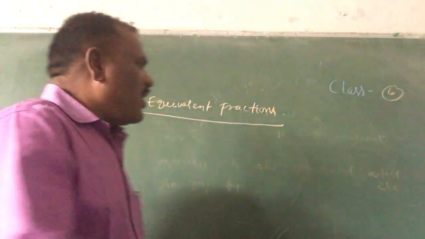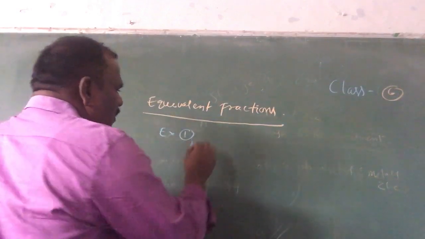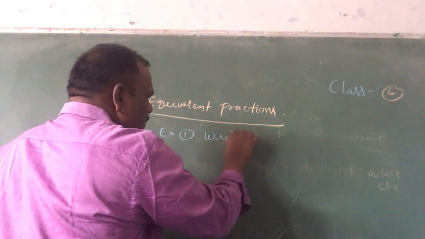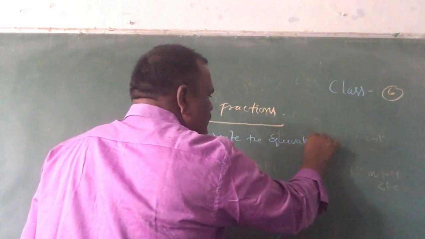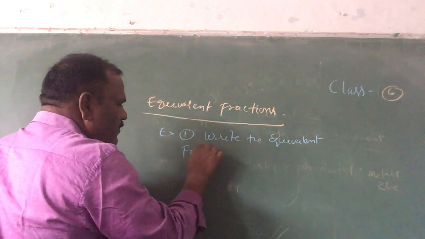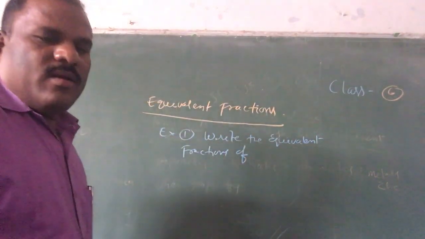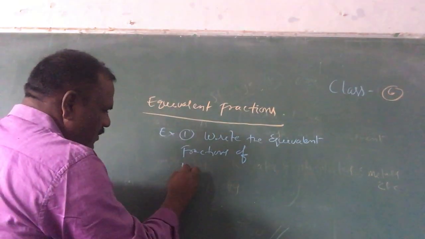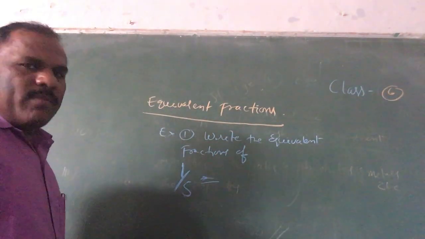So for example, I will take, write the equivalent fractions of 1 by 5. So what are the equivalent fractions of 1 by 5?